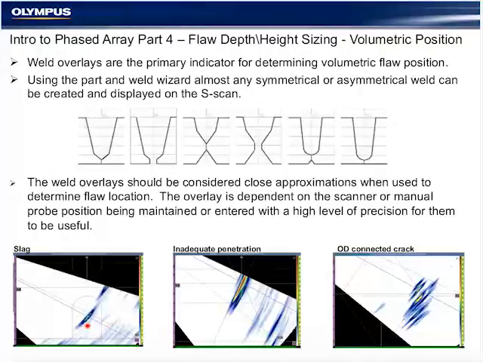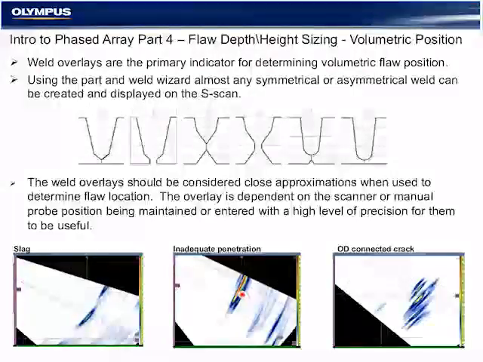It's not connected to the ID or OD, and based on its characterization and location, I can determine that it is slag. Inadequate penetration in a V-weld is connected to the ID, and it's directly at the center of the weld and would be detected from both sides of the weld equally, or very high amplitude from both sides.